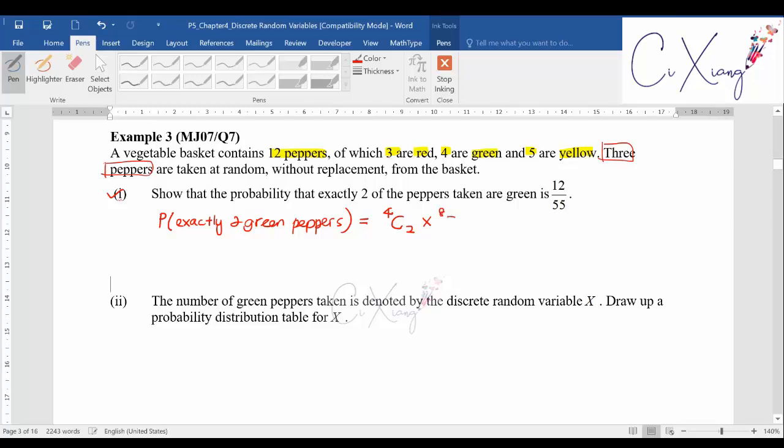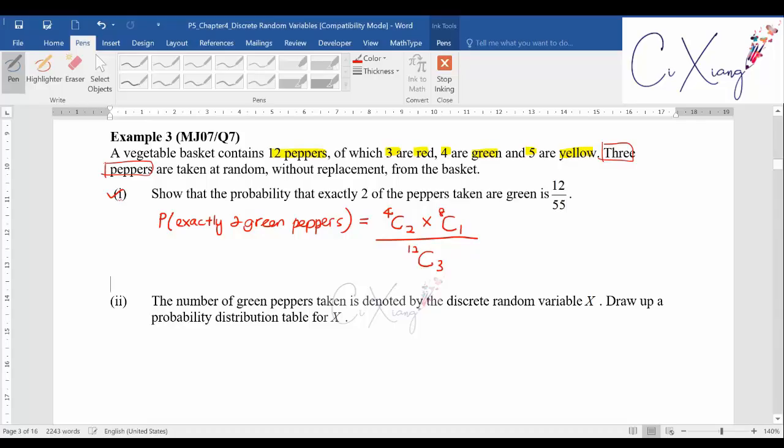You want to choose 1 so that you make them a group of 3. Then divide by the total without restriction, which means in total you're having 12 peppers and you want to choose 3 of them regardless of the color.